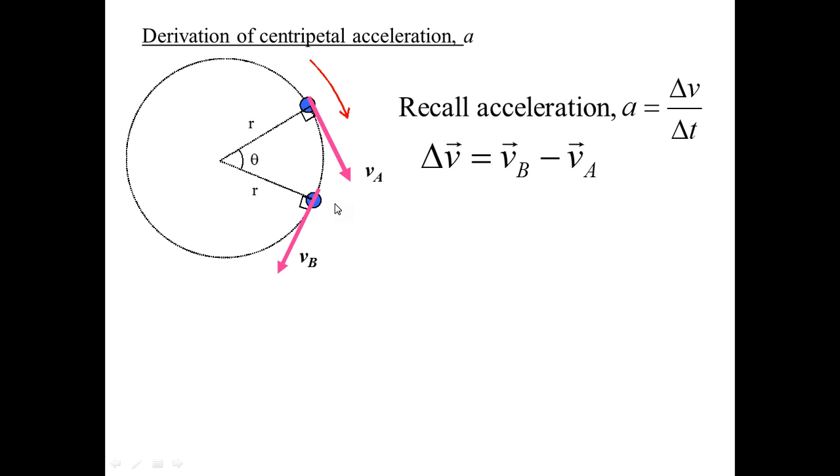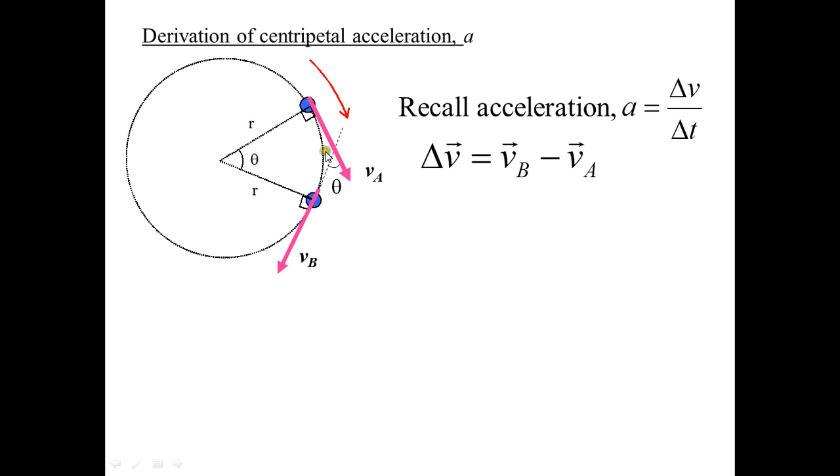So I need to use a vector diagram. I'm going to extend the vector at position B; this is the direction of the velocity Vb, extend it up. What is the angle between the two velocity vectors? Can you see that it's theta? How do I get this angle theta?